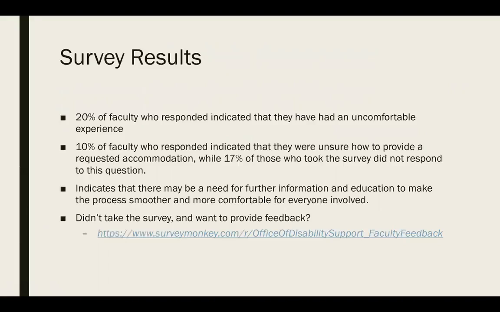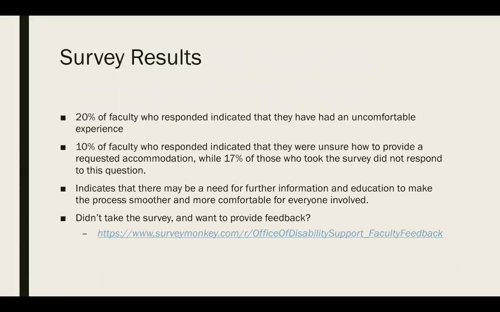And 20% of faculty who responded indicated that they'd had an uncomfortable experience with a student with a disability, whether that be not expecting the student in the class, and maybe the student had a significant mobility impairment, not being prepared to implement accommodations, or perhaps being unfamiliar with a student's particular disability.